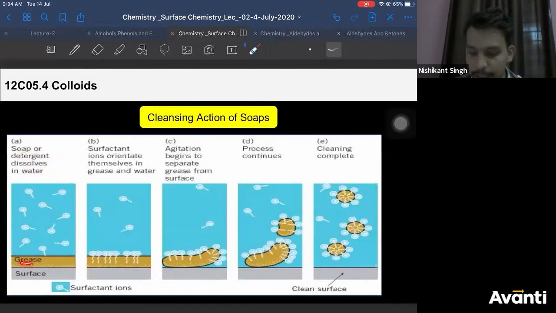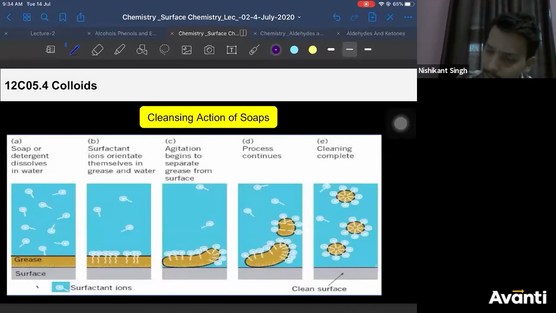So this is your grease. And for your information, your grease and your dirt, most of them are non-polar.